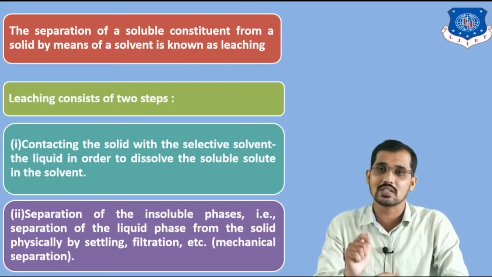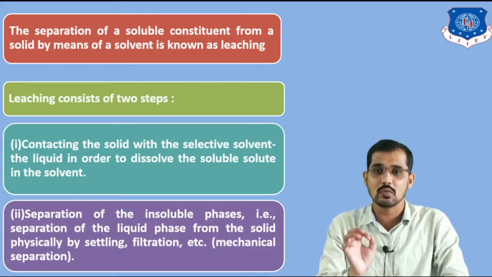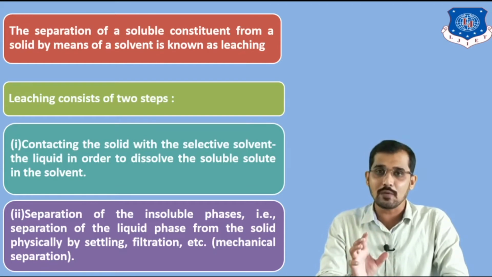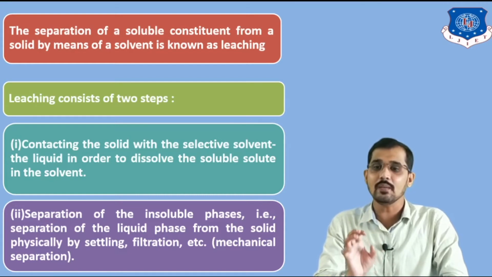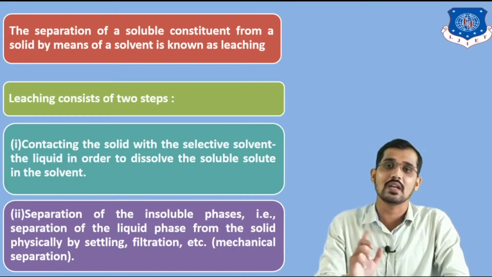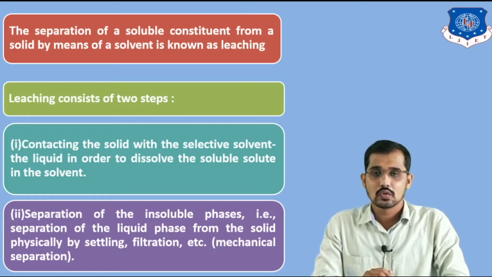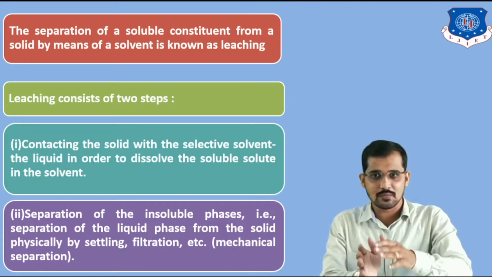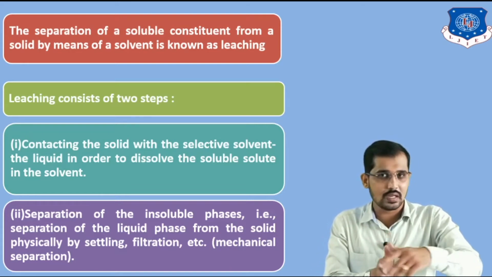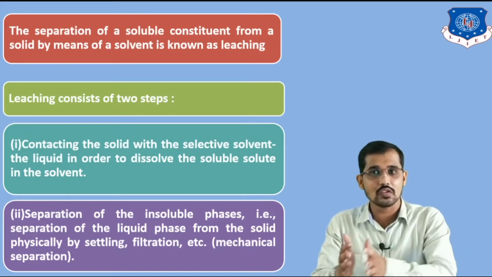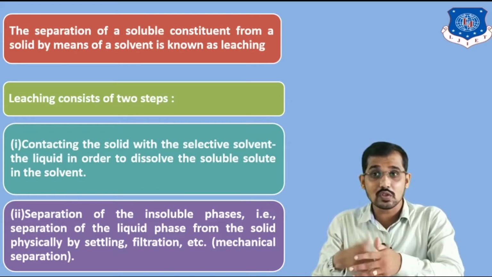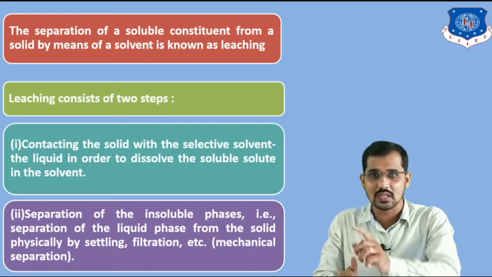So that is your second step: separation of the liquid phase from the solid physically by settling, filtration or any mechanical operation. So we have separated two streams here. The first one is our solute particle in the solvent, and the second one is our insoluble part. After that, in the second step, we have also separated our insoluble part from the solution.